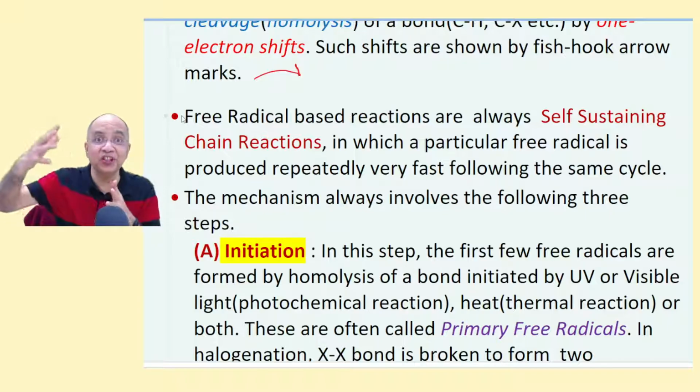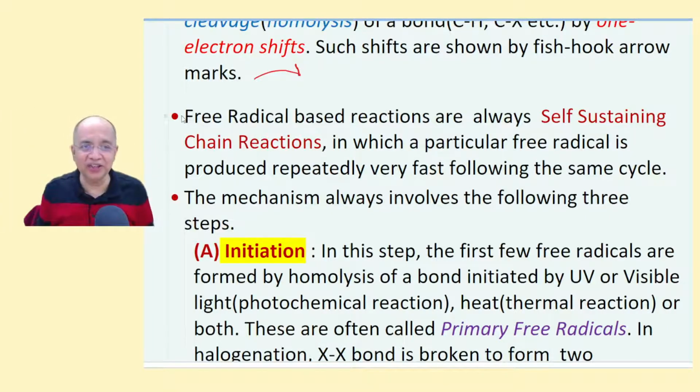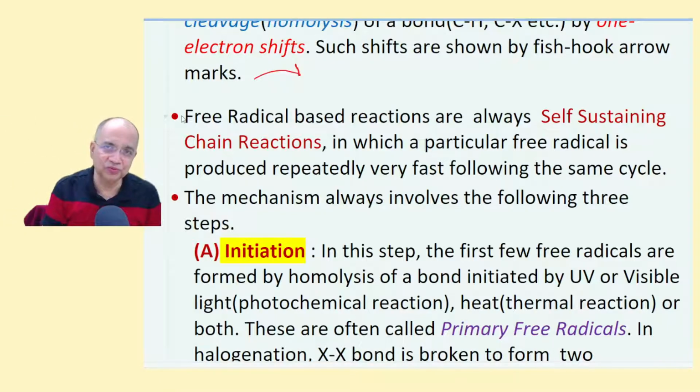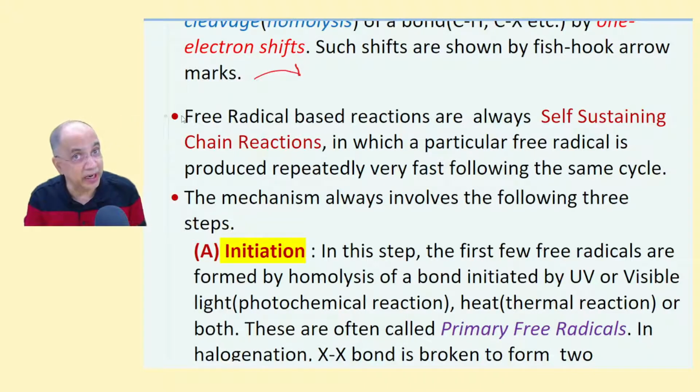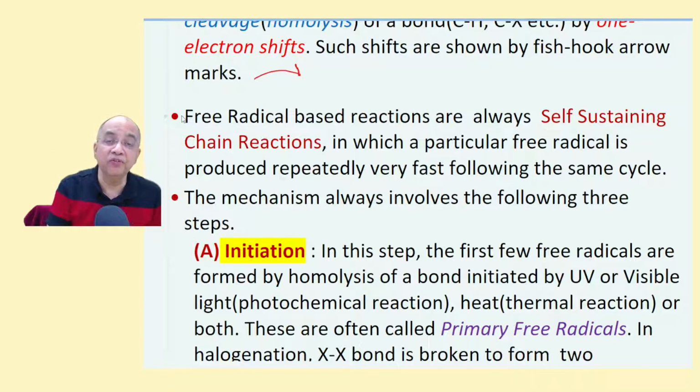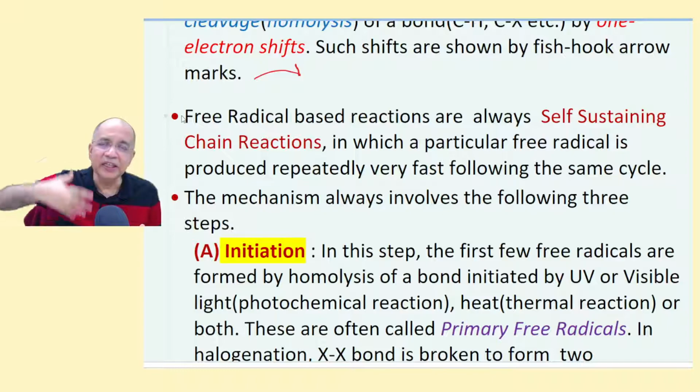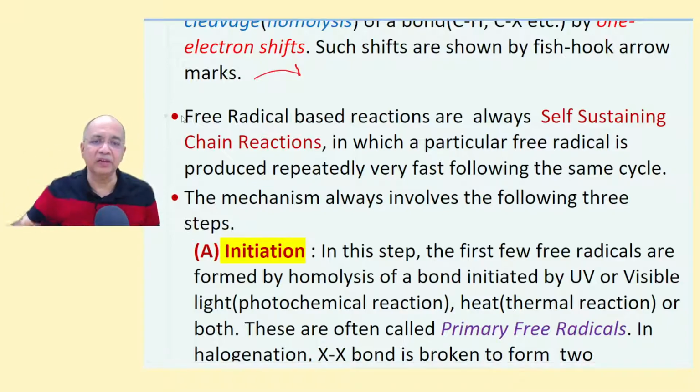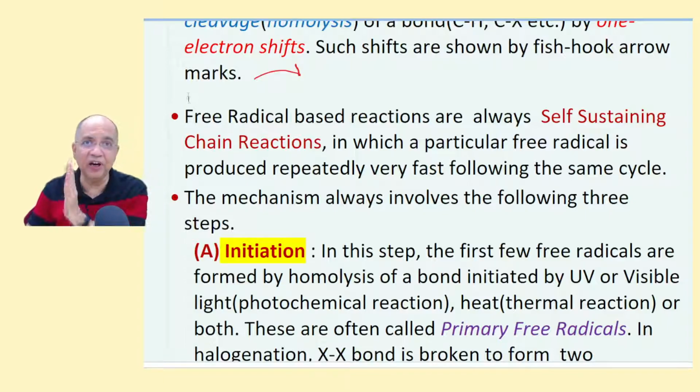Just like fission, in fission there is a chain reaction, it continues very fast. Similarly, here also in a free radical process, may it be a substitution that we are dealing with today, next time we'll be doing free radical addition, it's a chain reaction because a particular radical is produced again and again following the same cycle and very fast.